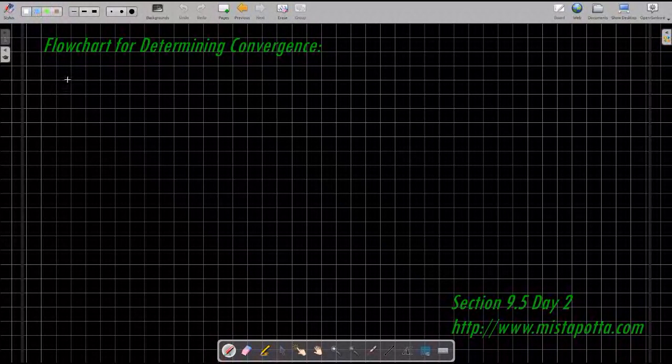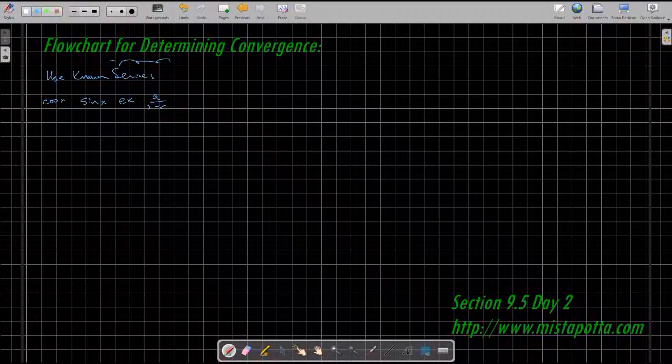And so I'm going to talk about step one. The first thing we're going to do is we're going to use our known series. In other words, I'm going to look at cosine of x, or sine x, or e to the x power, or a over 1 minus r.